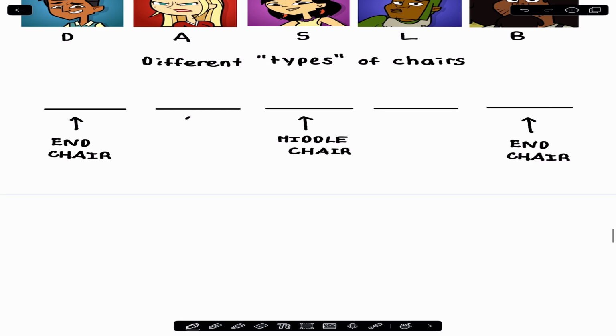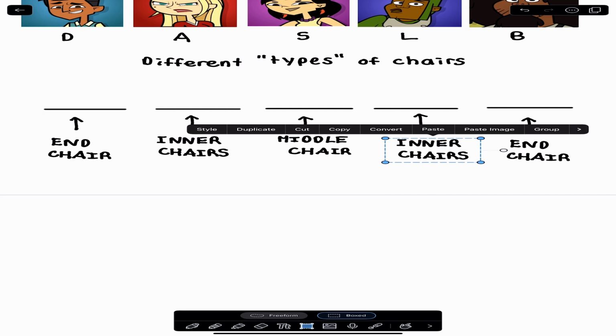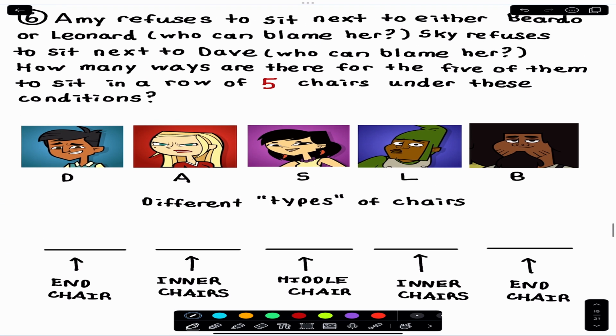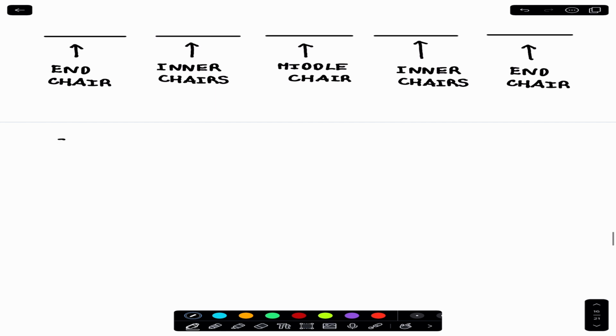And then for these 2 chairs, let's just call them the inner chairs, I guess. Because they're not in the middle, they are not at the end, they're just sort of on the inside. Okay. So we're going to fix Amy into these chairs.